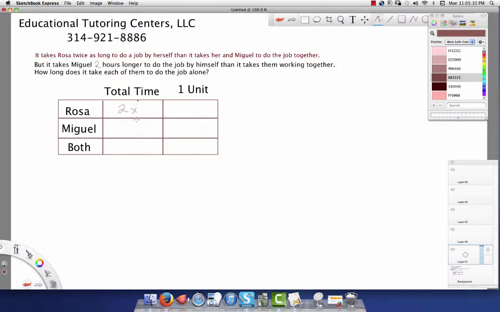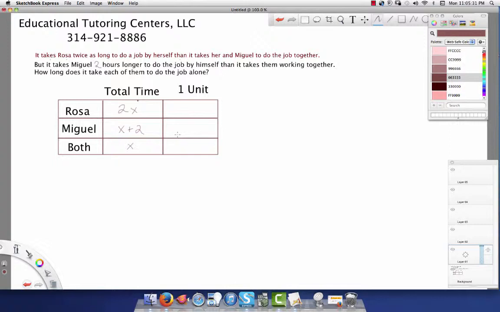And Miguel is 2 hours longer, which means we would be adding them. And the time that it takes for them both to do it is not given to us and we don't know, so that is where our variable x comes from.